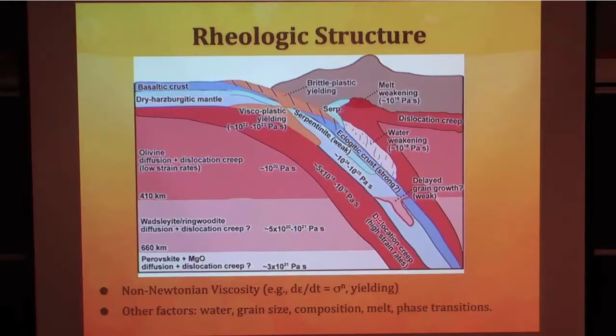And then surrounding this, the upper part of the mantle is going to be deforming by a non-linear, non-Newtonian viscosity. Here, where you have high stresses of the slab pushing down through that mantle, the stress dependence is going to create a very weak layer within the mantle wedge and on the boundaries of the slab.